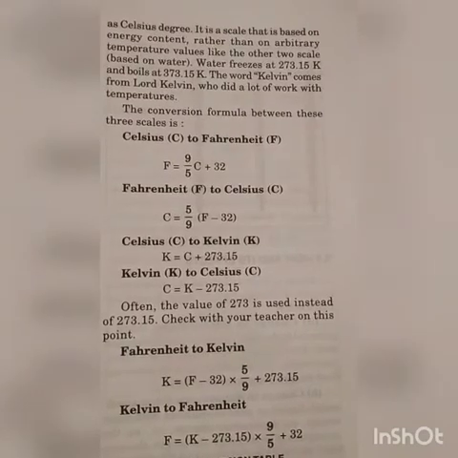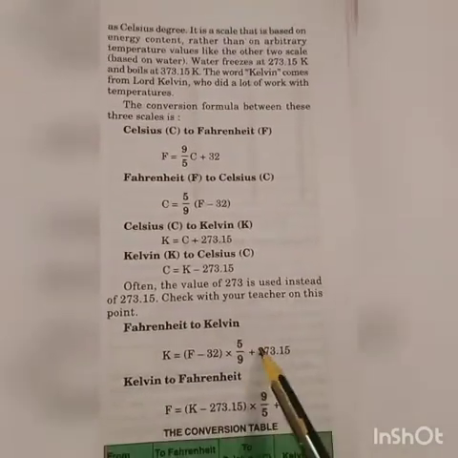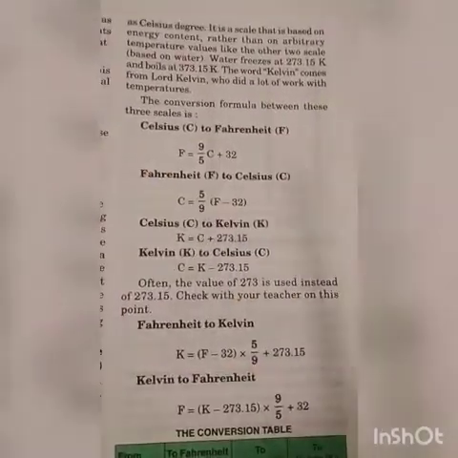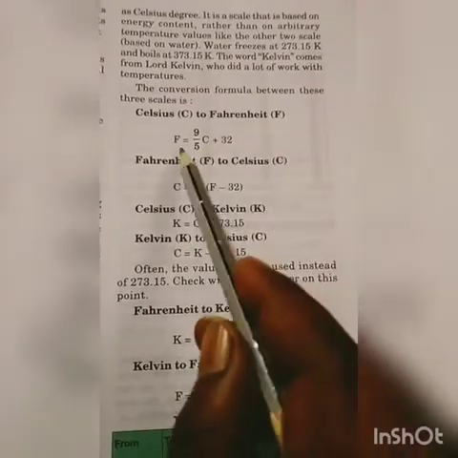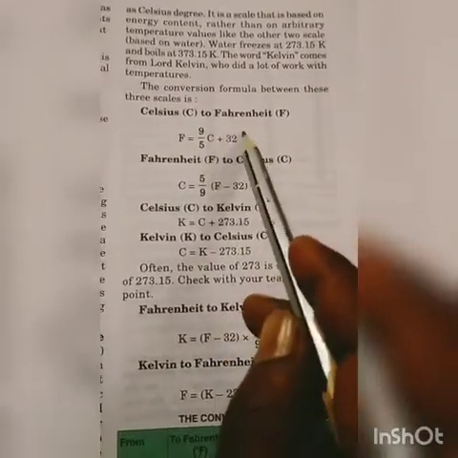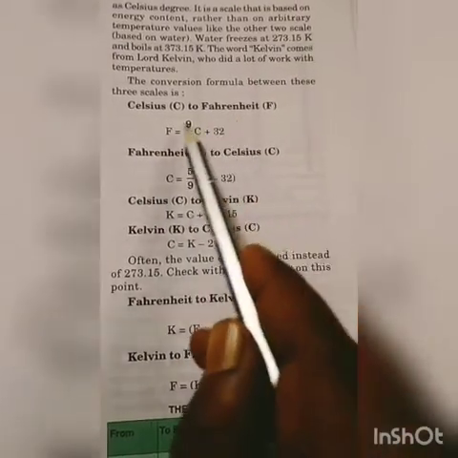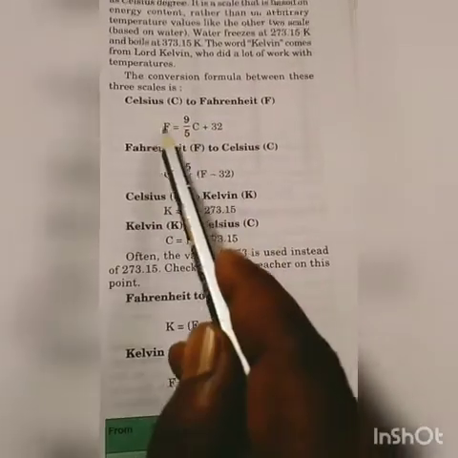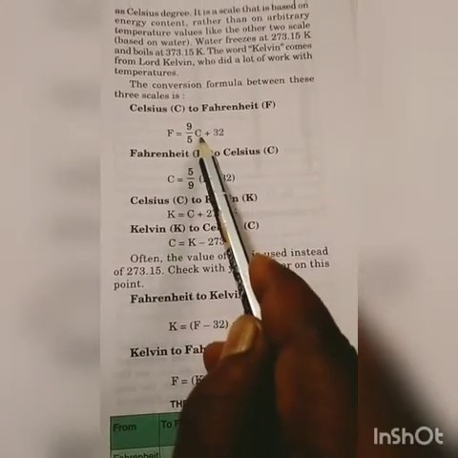Now the conversion: how these scales are converted to another scale. When we convert Celsius to Fahrenheit, we have a formula here. By using this formula, we can convert Celsius to Fahrenheit: 9 upon 5 into Celsius.